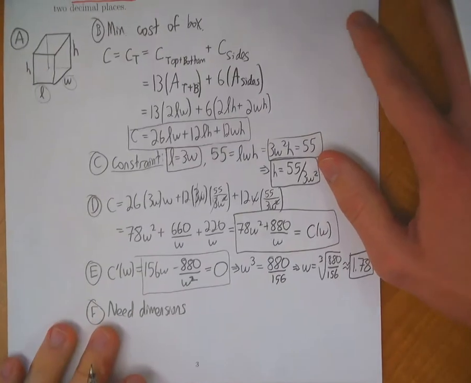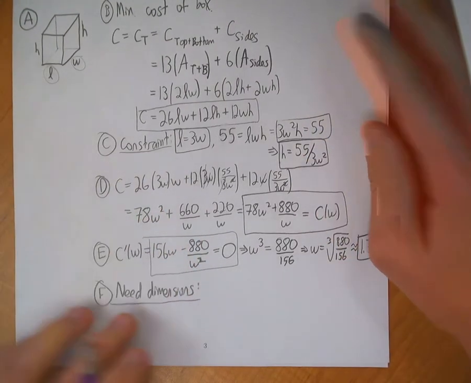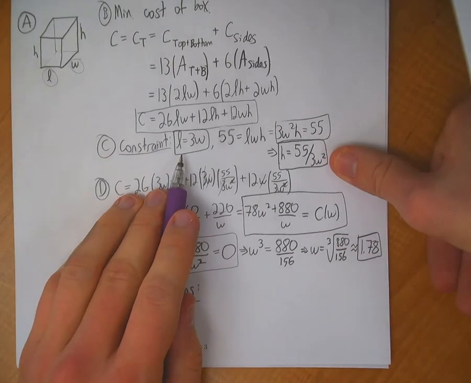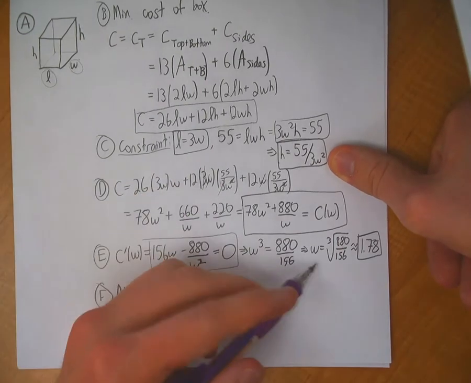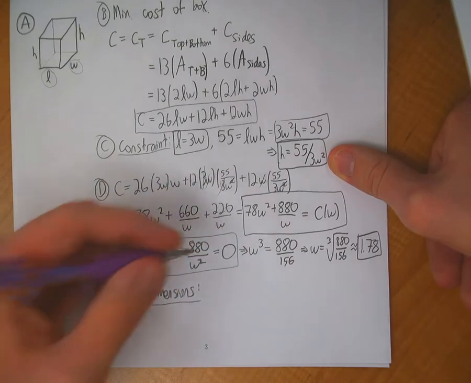Oh, move this up a bit, my bad. So in this case, the good news is that we already have the other two dimensions, L and H, in terms of W, based on our constraints in step C. So let's go ahead and take this exact value of W here and plug it into our two constraints.